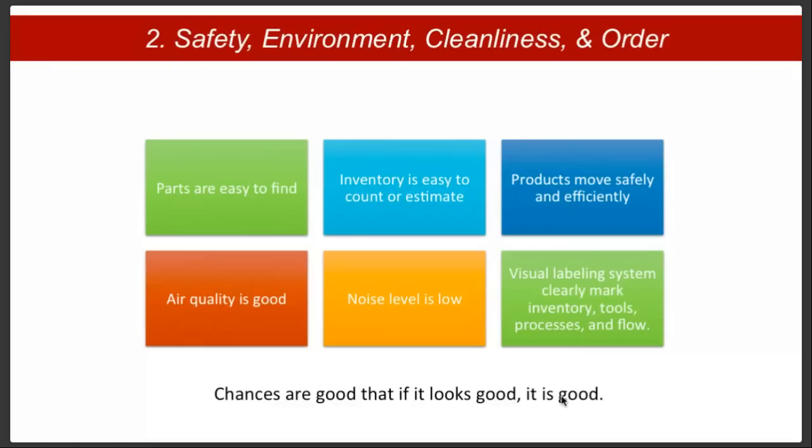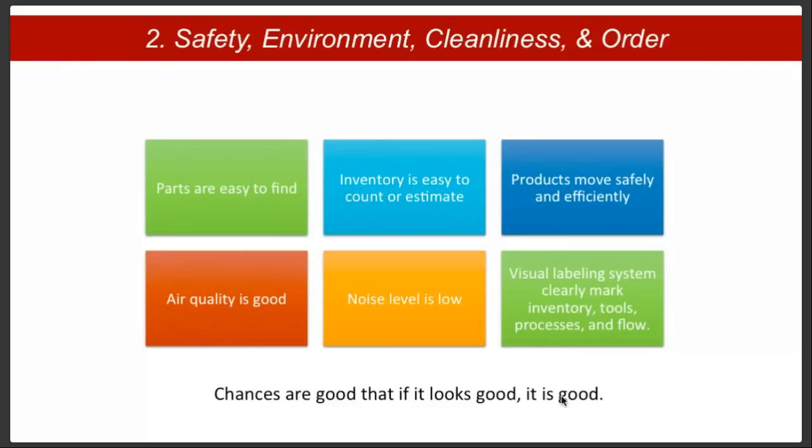I have worked with companies that put a lot of effort into custom containers, into absolutely beautiful presentation, only to have weeks and months worth of inventory in place. But if you walk into a place where you're kicking stuff out of the way, you're wading through a bunch of junk, well, there's a pretty good chance that that material system is pretty bad.